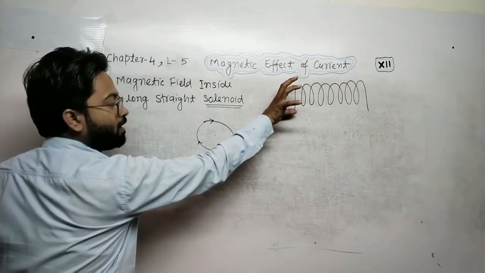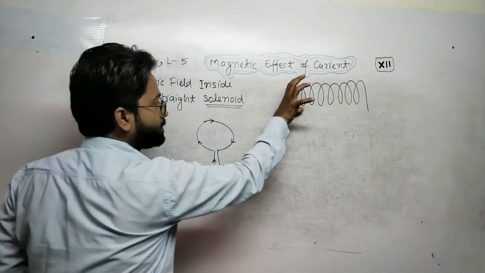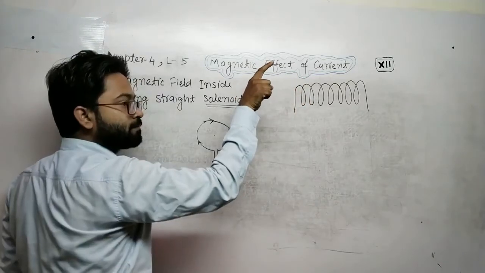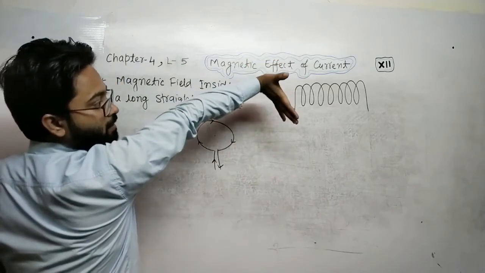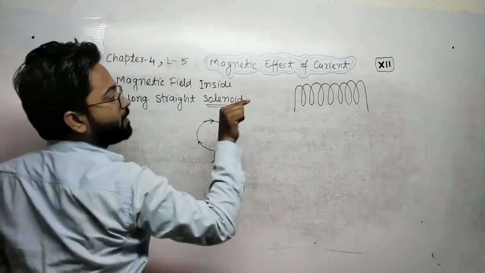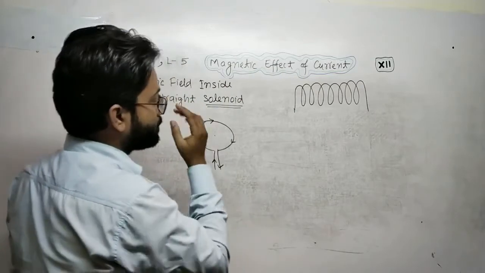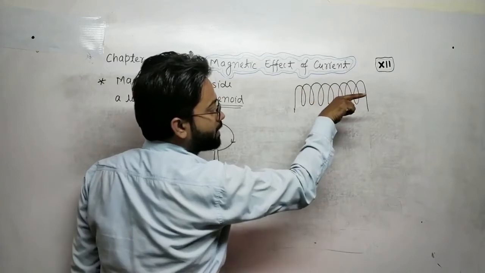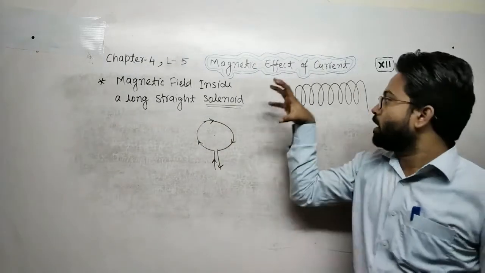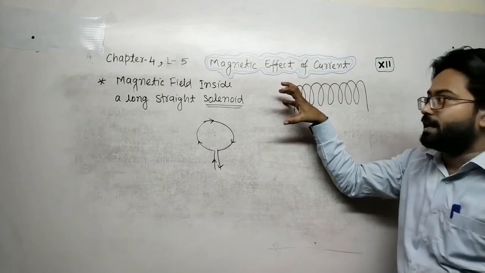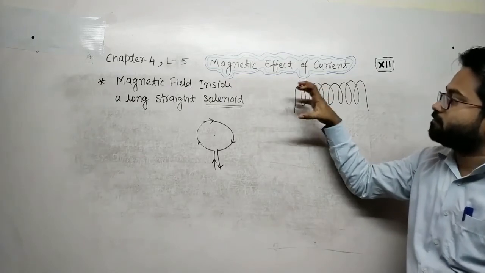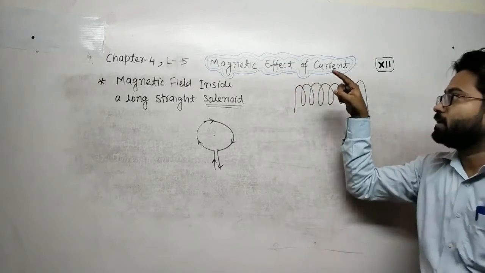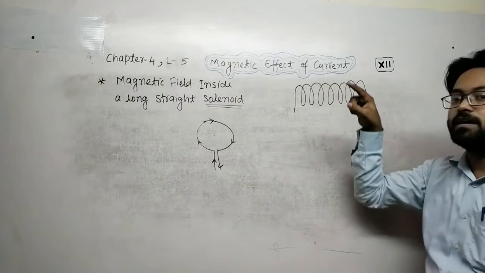If the current is in this direction, the magnetic field will be on this side. In the first coil, the magnetic field at the center has this direction, and in the second coil the direction of movement of the current is the same.